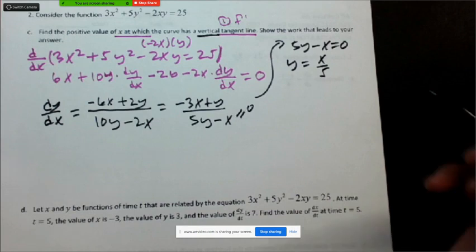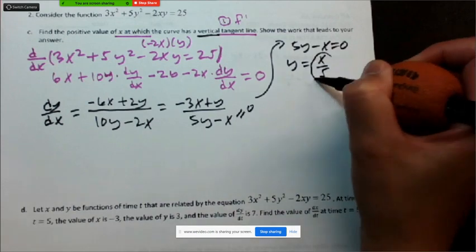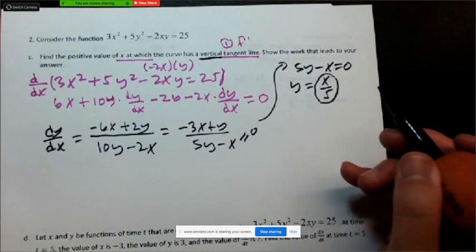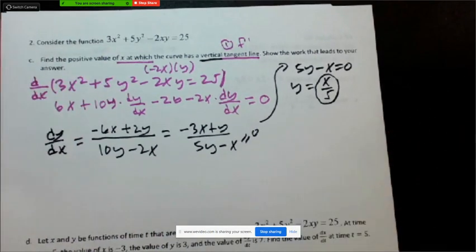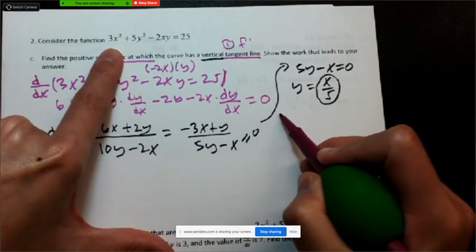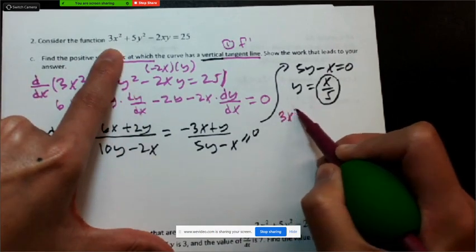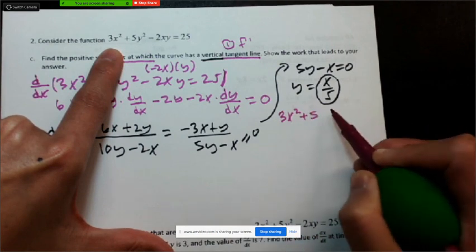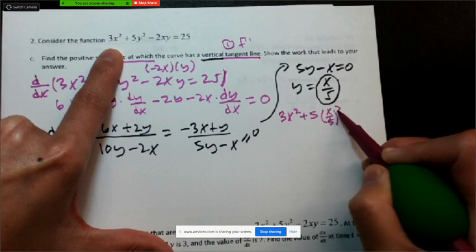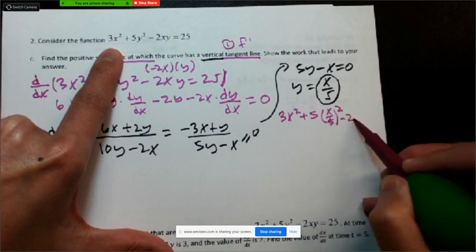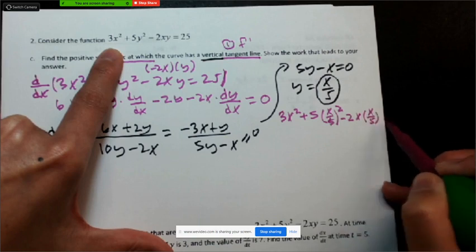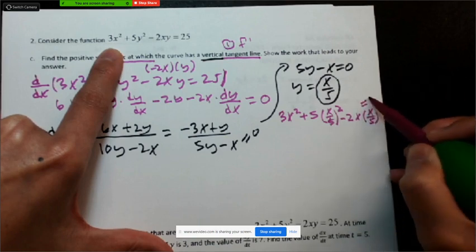All right. So now that I have this, what I can do is plug it into the original function. My original function, I might not have enough room. I'm going to struggle here. Let's see if I can fit this. I have 3x squared plus 5 times x over 5 squared, minus 2x times x over 5, is equal to 25.